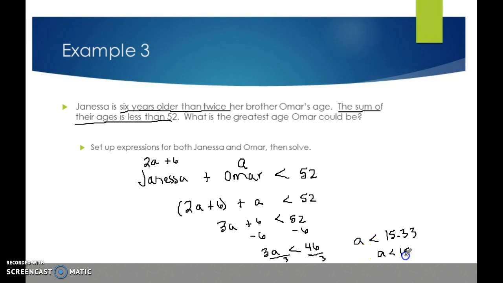So Omar would have to be less than 15. And then to figure out what Janessa would have to be, if you were to plug that 15 in for A, so 2 times 15 plus 6 is 30 plus 6. Janessa would have to be, the oldest she could be is 36 and have it still be less than 52.